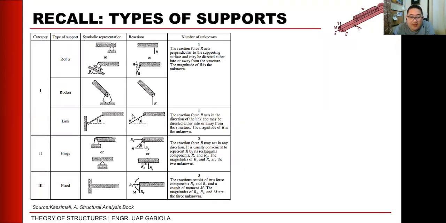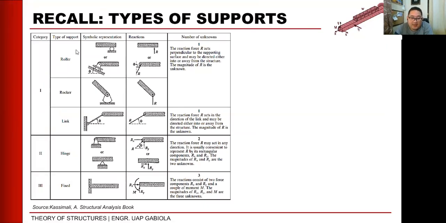And then we have also yung link, kung saan naman yung direction ng link, doon nakadirect yung mismong force natin. So on all of these forces or all of these reactions, support conditions, we only have one unknown reaction. Kasi yun lang yung nire-restrict niyang movement, no? Yung it's either vertical kapag halimbawa perpendicular sa surface o yung along dun sa link, yung direction natin.